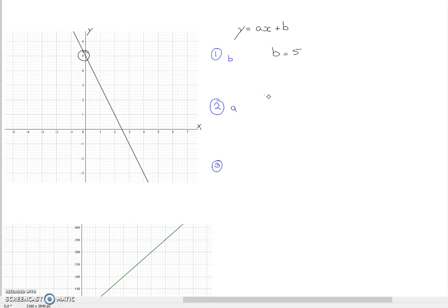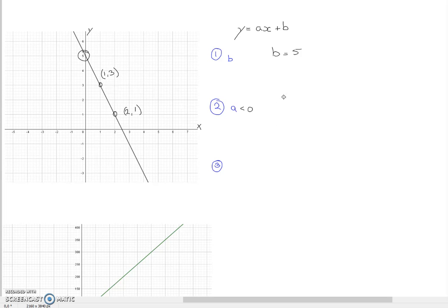A can be found by finding 2 different points that are easy to read. For instance, 0, 5 on the y-axis just like before, but we could also use this as the first point, 1, 3, and maybe this point 2, 1. First thing to note is that since the line goes down, a should be negative.